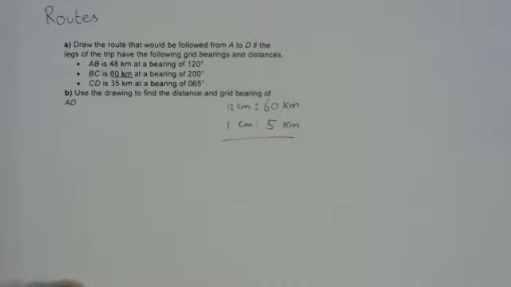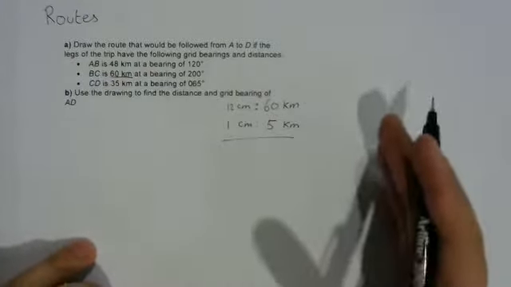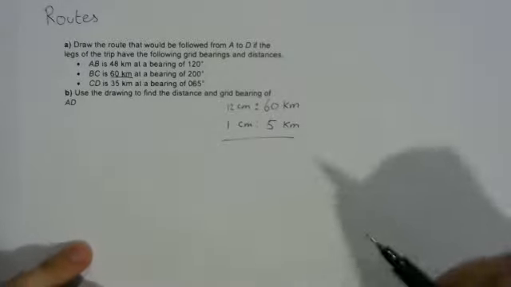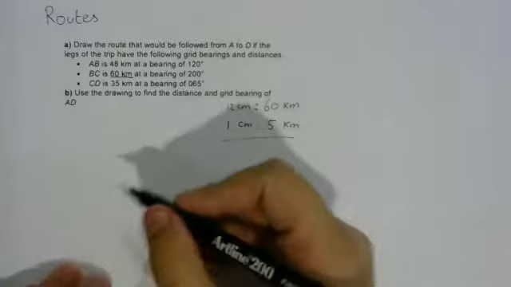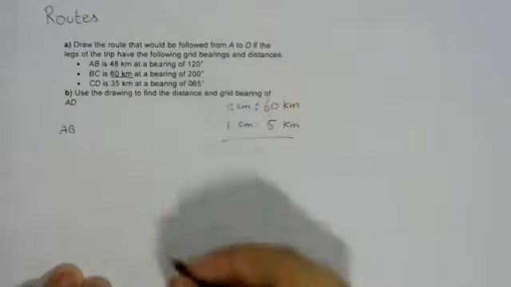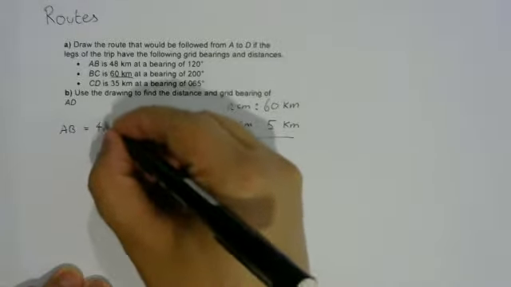Okay. Now, we need to do two things. We need to draw the bearings and we need to calculate the distances. I'll do the distances first and we'll do them all in one go. So, length AB. At the moment, length AB is 48 kilometers.